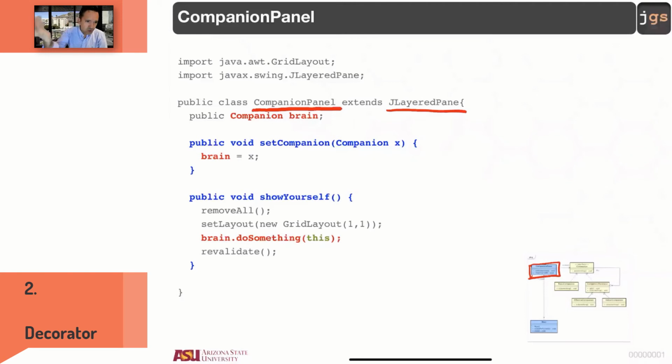Again, one solution. I have my class, it's going to be a particular kind of panel. So if I want to update my class diagram here, instead of JPanel, I can put this JLayeredPane, that one. It's still inheritance.